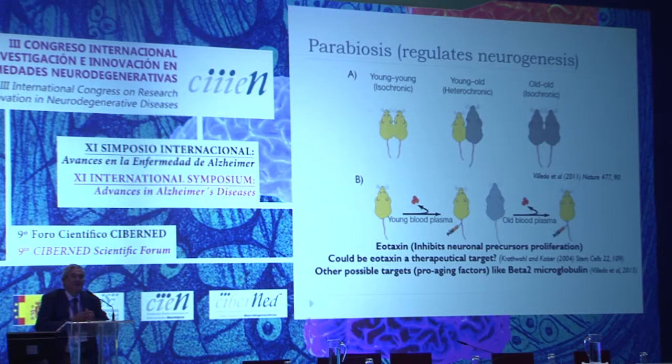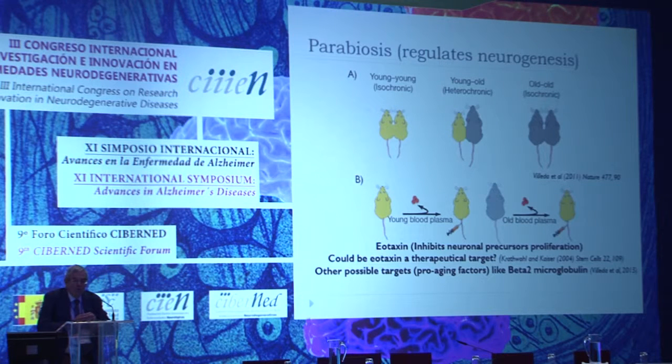There is something called parabiosis, which is to exchange the blood from a young to an old mouse or vice versa. And the experiments in these papers indicate that when you put blood from a young mouse into an old mouse, there is a dramatic increase in neurogenesis in the adult old mouse.